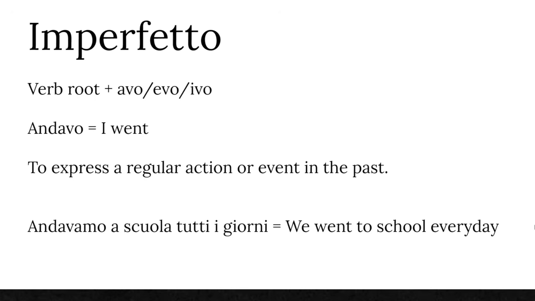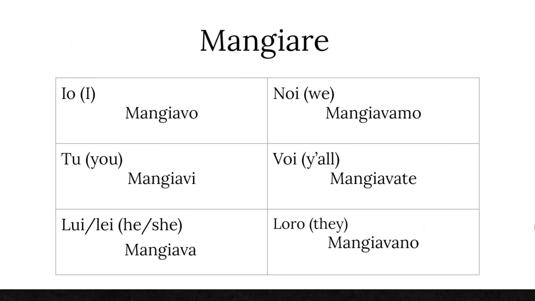So you see how we conjugated andavo, the andavo that we have seen before. But let's see some examples to make it a little bit more clear. Let's take mangiare, one of the most regular verbs. So as I told you before, we take the verb root, mangi, and you attach the ending avo. So you get io mangiavo. But then you need to conjugate the verb.